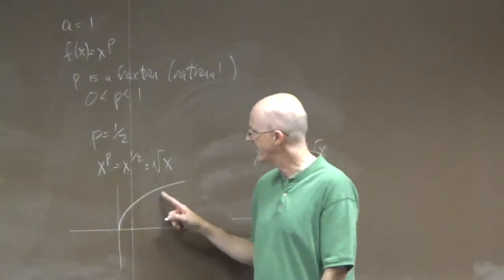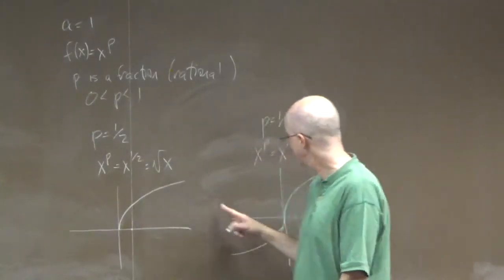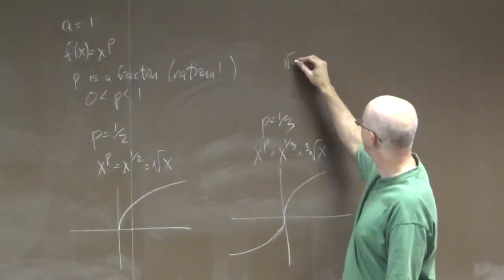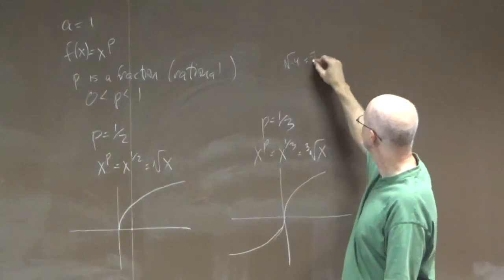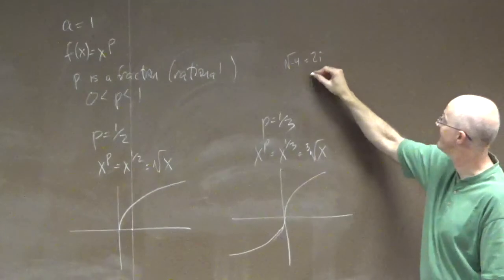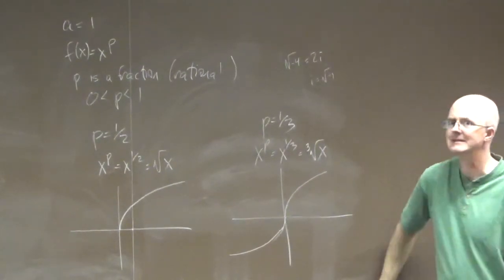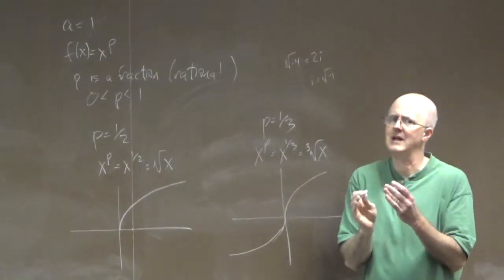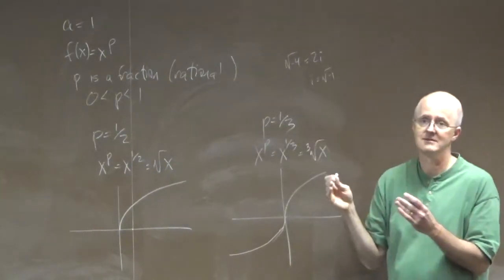Why is this one only defined for x greater than or equal to 0, and this one defined for all real x? Because when you take the square root of a negative number, you get a complex number, in this case a purely imaginary number, 2i, involving the imaginary unit, the square root of -1. And we're saying in this class we're not worrying about complex numbers with imaginary parts.